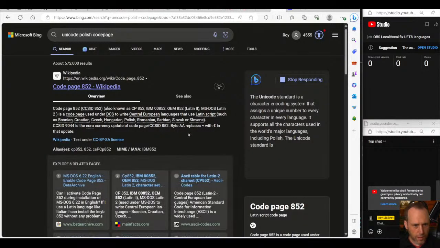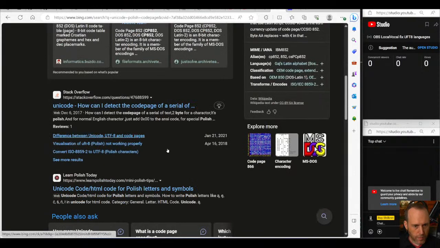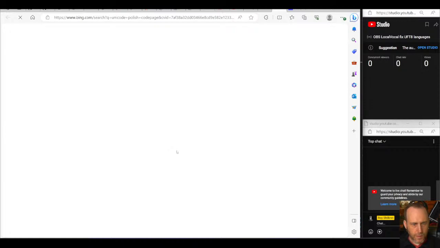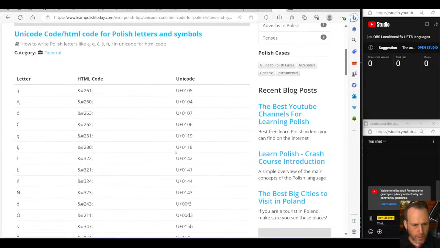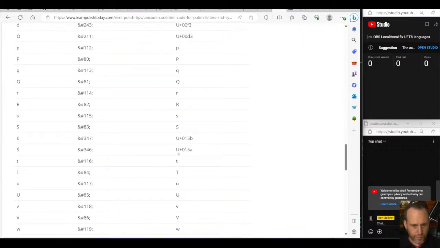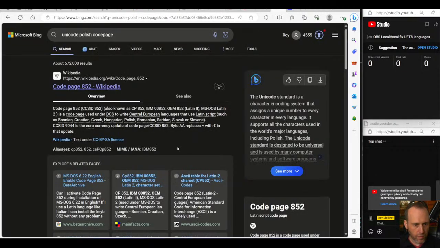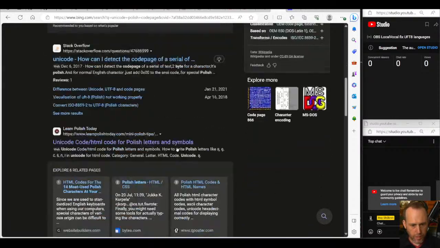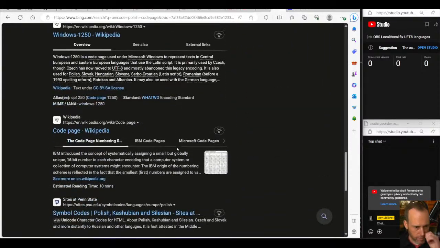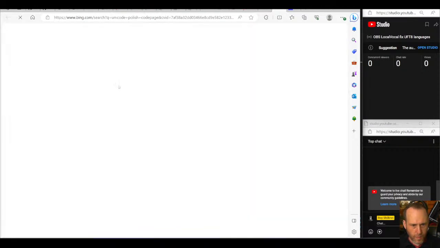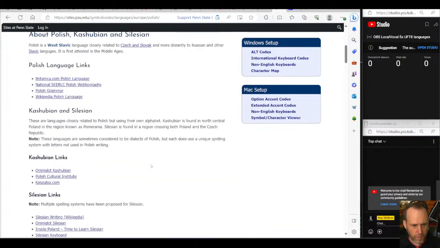No, it's not that. It's not Unicode. This is not exactly it. I need to understand what the code page is. Central Europe. HTML.